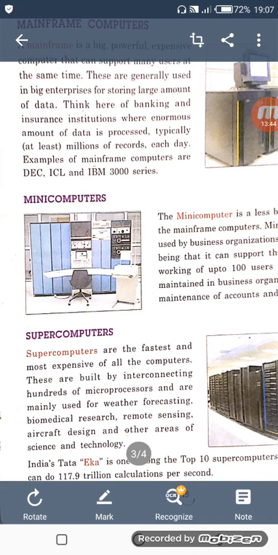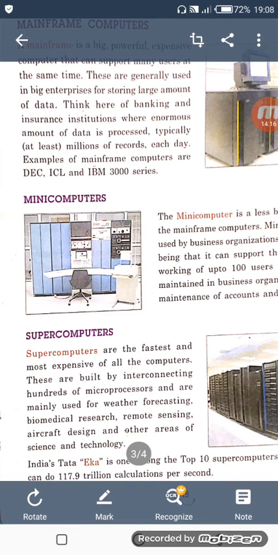If one microprocessor is used in one PC, then just see what functioning will be performed by 100 microprocessors in a supercomputer. You can easily analyze what the power of a supercomputer is, how fast it is, and how expensive that computer will be, which is used in the scientific field, in science and technology.